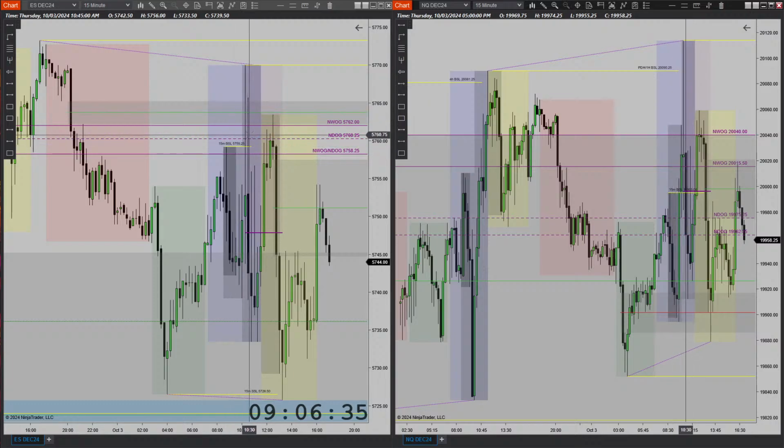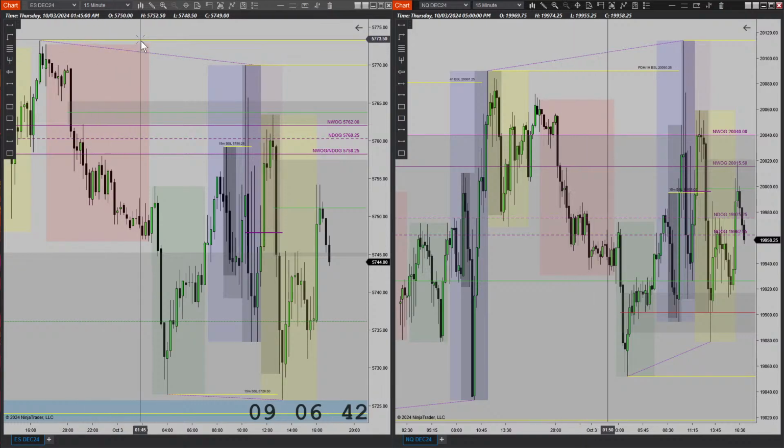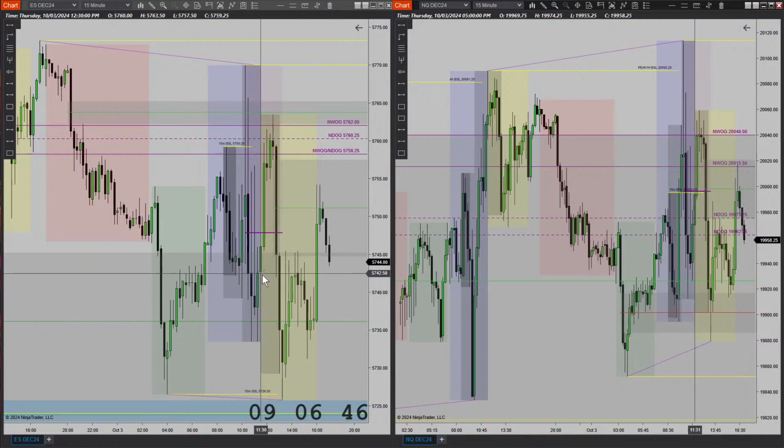So this should have been the first objective, second objective, and then ultimately third objective if we did sweep the highs, but obviously we did not. I was a little frustrated with that. I was frustrated with the fact that I moved my stop and then I let price go on without me. I tried to jump in on a retracement, but obviously that didn't happen either.